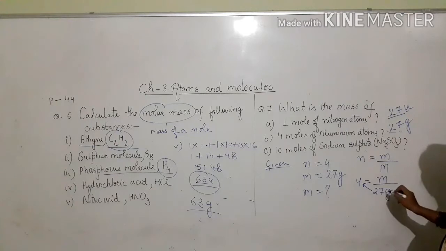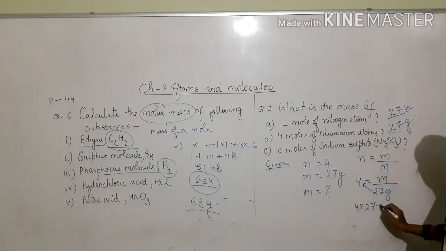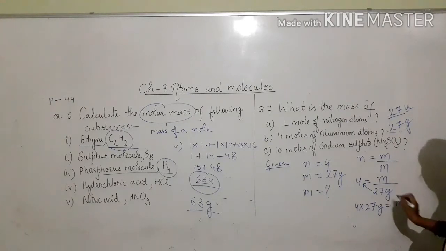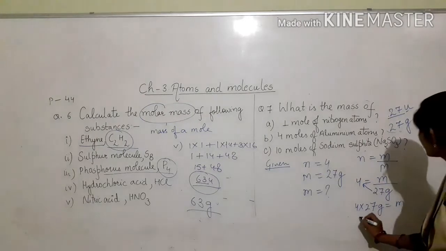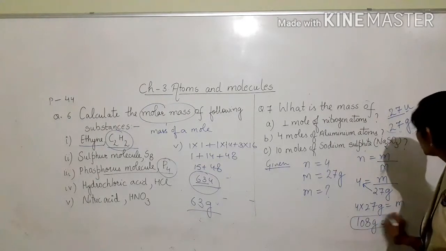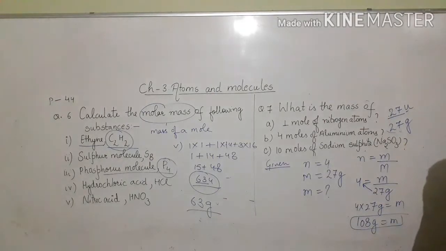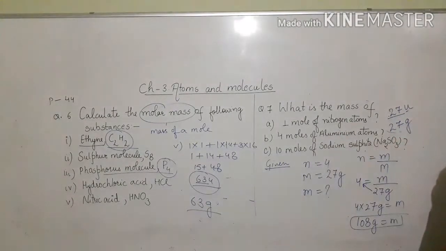We will transfer it from right to left side, then it will multiply 4. Now, we will have m is equal to 4 into 27 gram. It is 108 gram. So, this is the mass, 108 gram, of 4 moles of aluminium atoms.